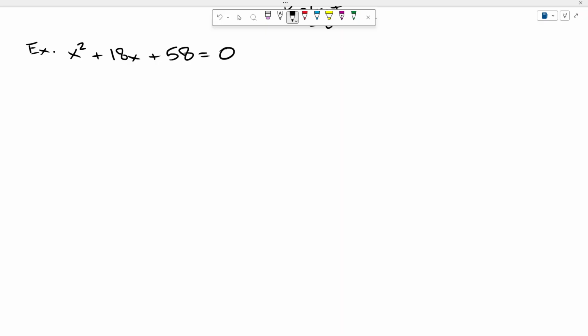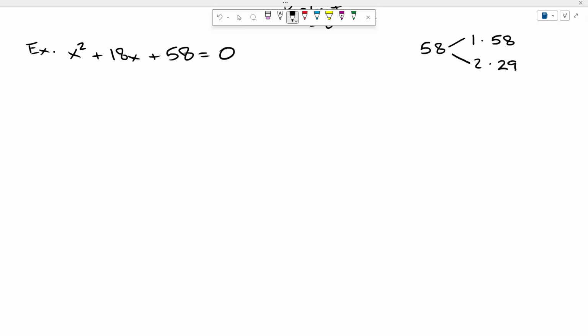All right. So looking at this at first glance, the first thing I think is, okay, can I factor it? Let's see, we'd be looking for factors of 58 that add to 18. Well, we have 1 times 58, and then we have 2 times 29.